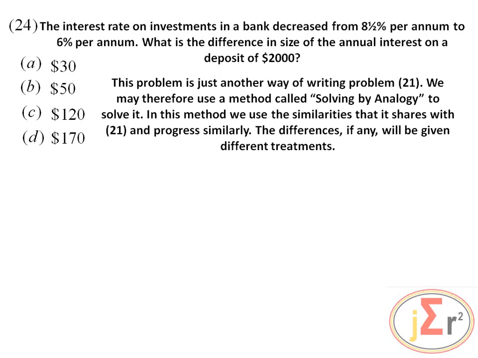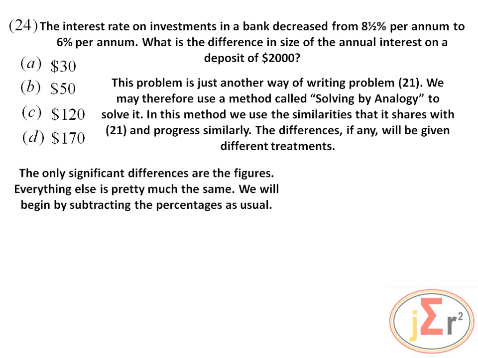But in the event that there are some differences, we will treat the problem that we are solving presently in a different way at those particular points. The only significant differences are the figures. Everything else is pretty much the same.